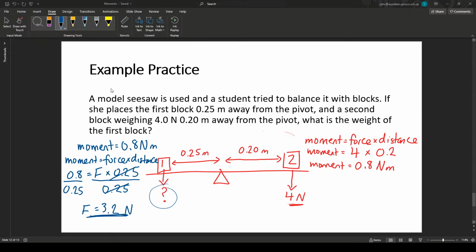Question number 4 onwards, so question 4 is basically a bit of calculation, just one set of calculations of force times distance. And then question number 5 is the challenge, where you want to figure out the unknown based on your knowledge of the principle of moments needing to balance each other out. So have a go at that.